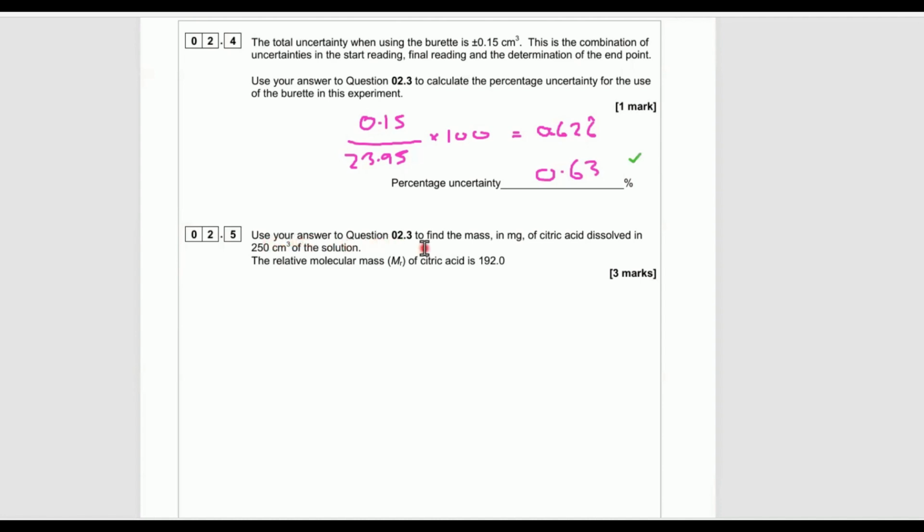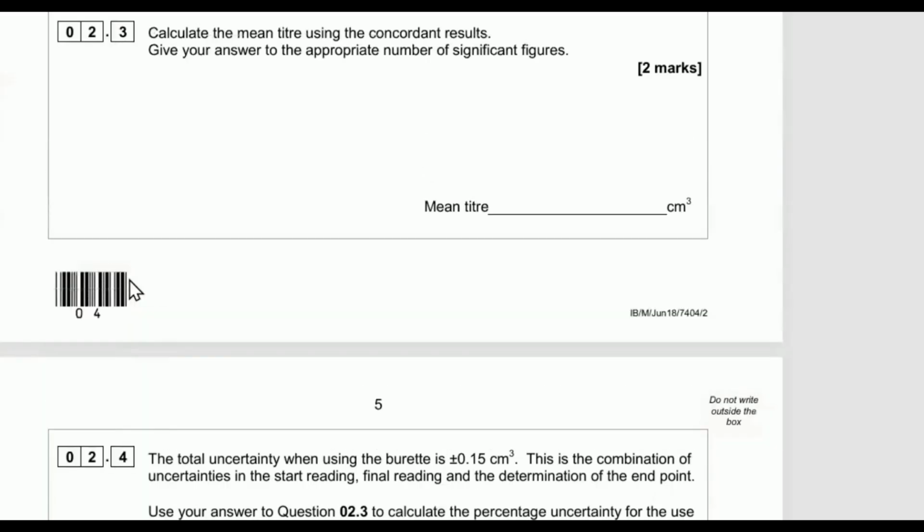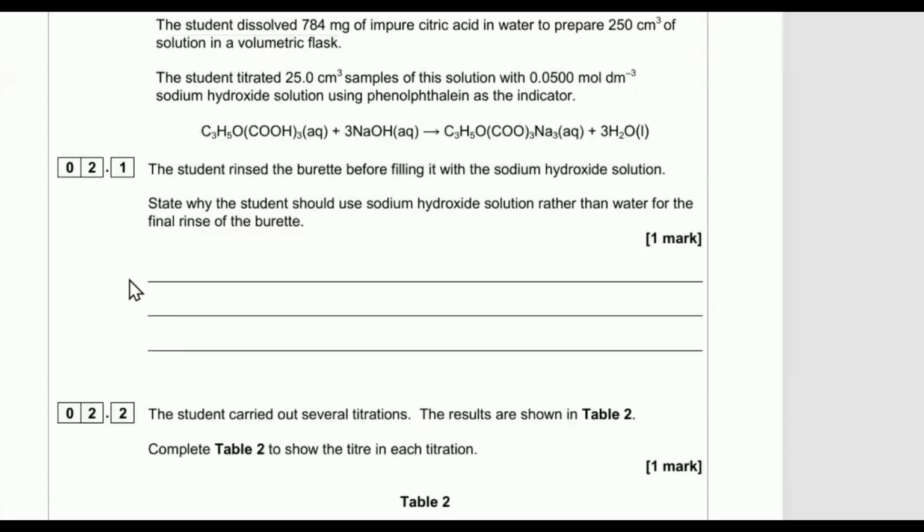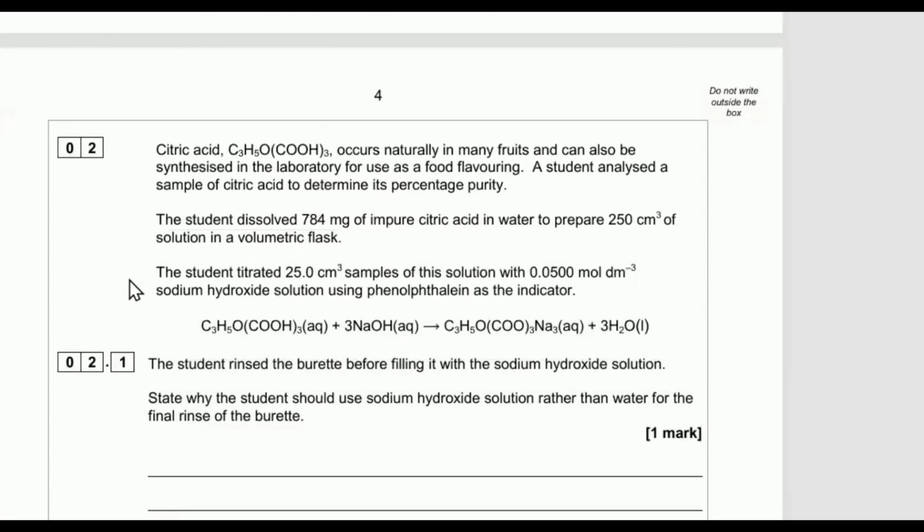Use your answer to question 2.3. That's the 23.95 again. Find the mass in milligrams of citric acid dissolved in 250 centimeter cubed of the solution. The relative Mr is 192. First things first, we had 23.95 was our mean titre for sodium hydroxide.